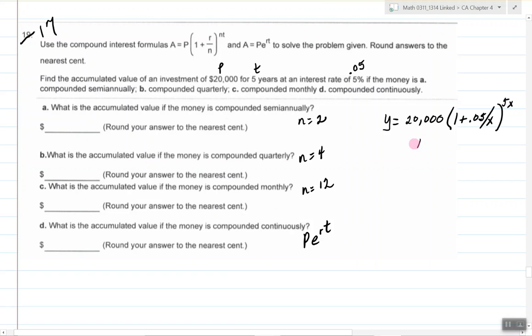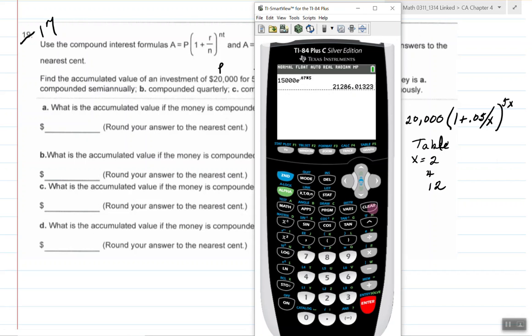And then you would do table. You would have x is 2, 4, and 12. And you would have to sit on these values so that you could see the cents. But I'm going to go ahead and do it on my home screen so we can have it all on there in case it's your choice to do it that way.